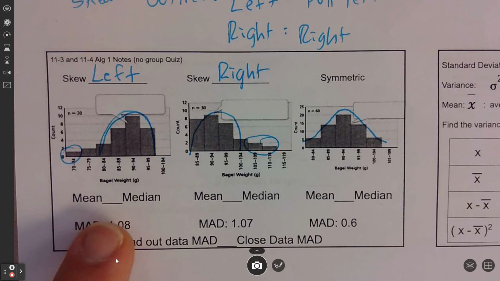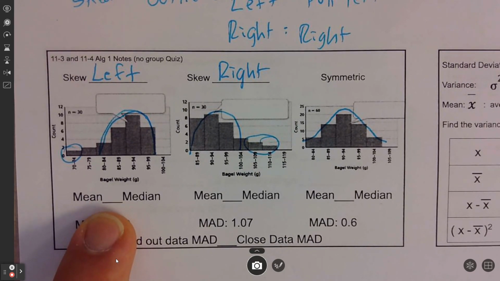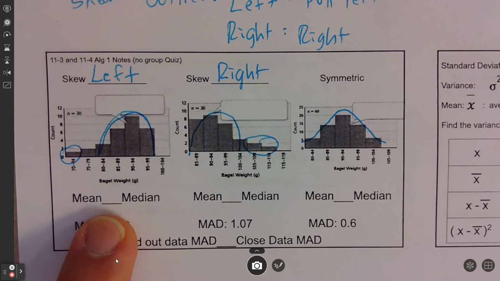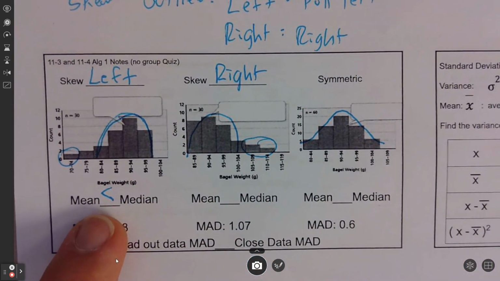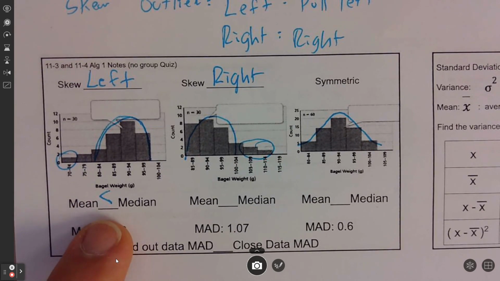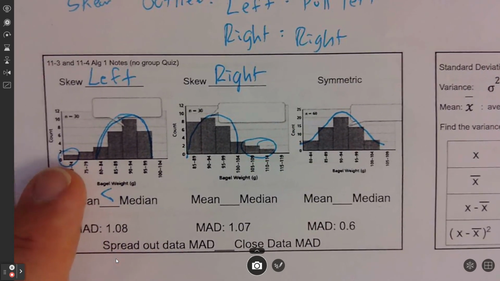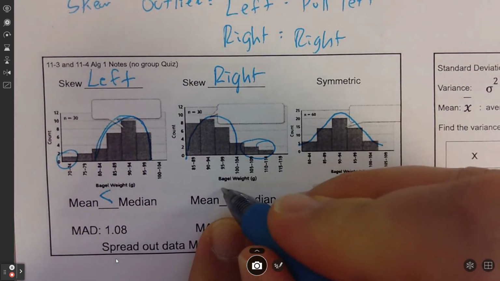So in this first one, which one's bigger, the mean or the median? The median would be bigger, because the median doesn't get affected by outliers, but the mean does get pulled when the outliers are over here. The mean on this one is getting pulled up, so it's greater.